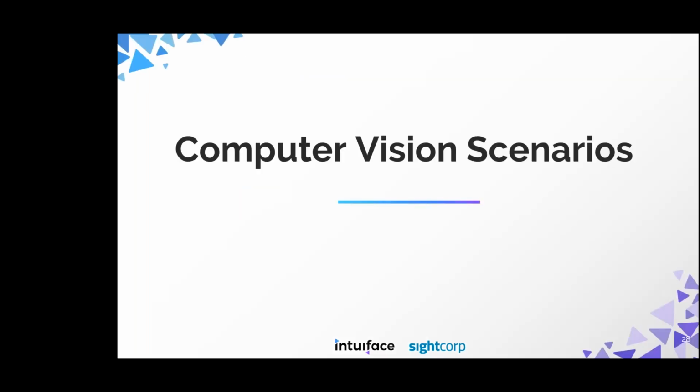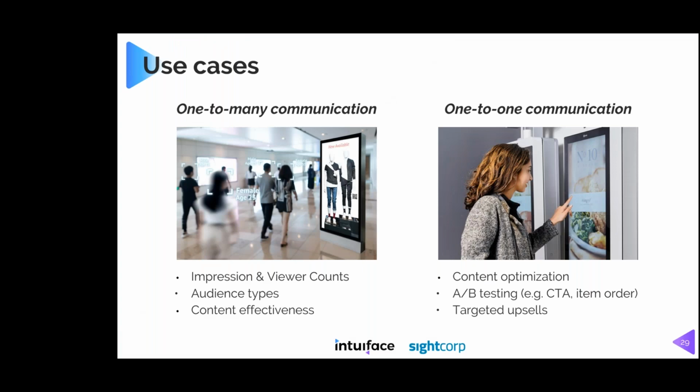Yeah, and now we'll talk about some of the scenarios of where you can actually use the bundle. So with regards to the use cases, they're usually within the signage industry, there's two major types of screens and types of communication.